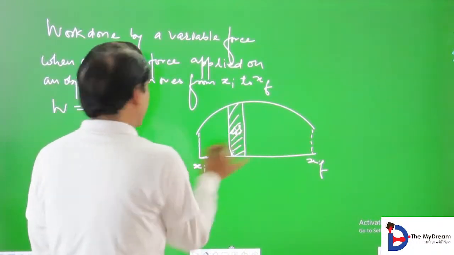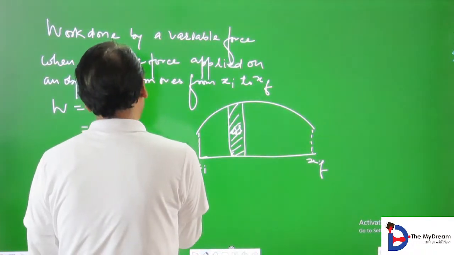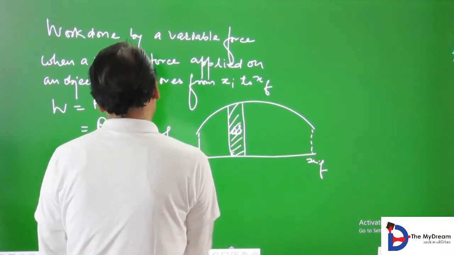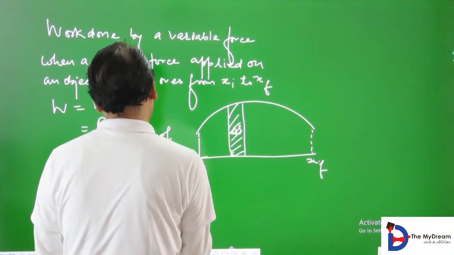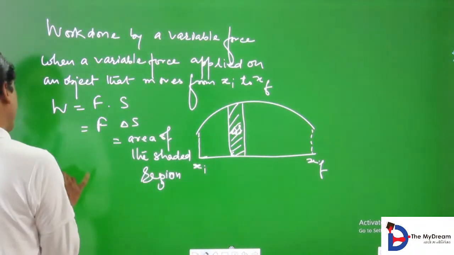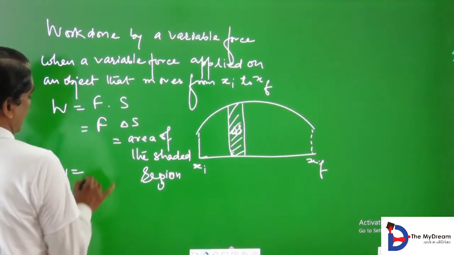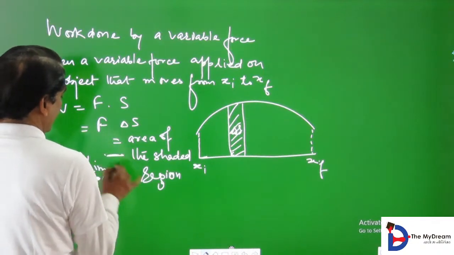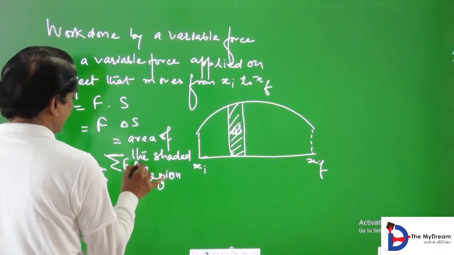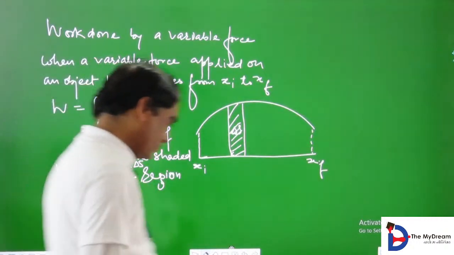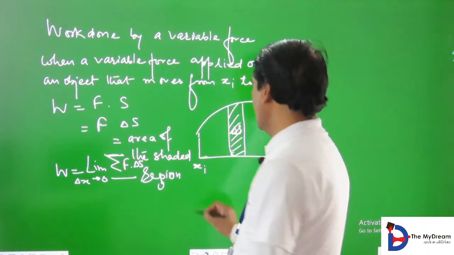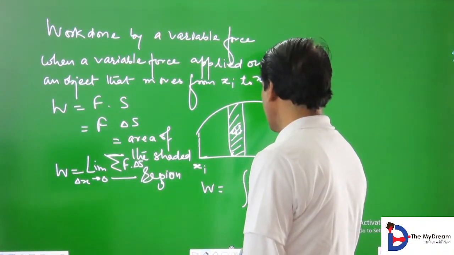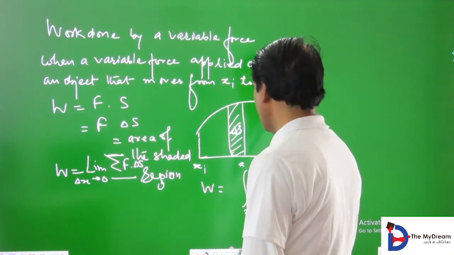Here delta S is the area of the shaded region, which can be written as the limit delta x tends to 0 of the summation of F delta x.